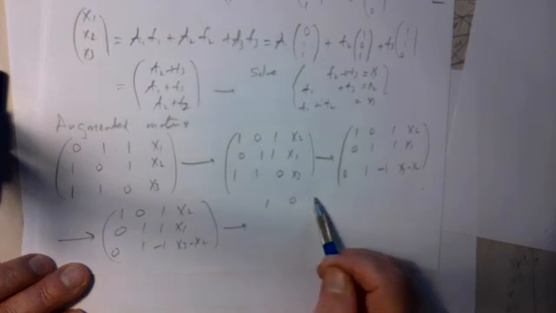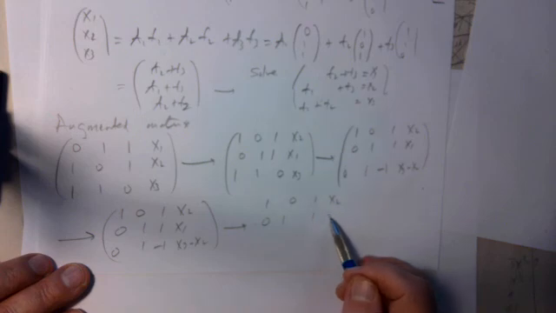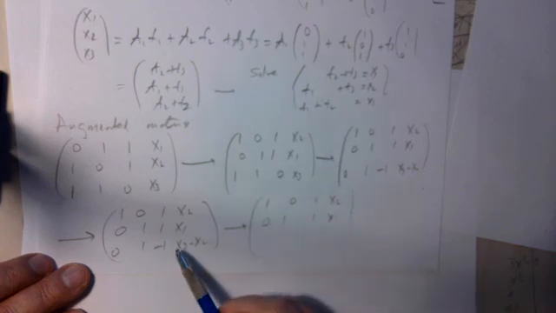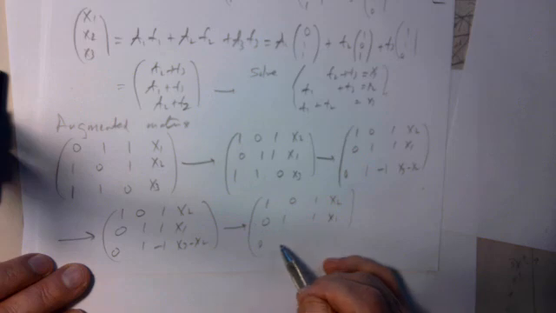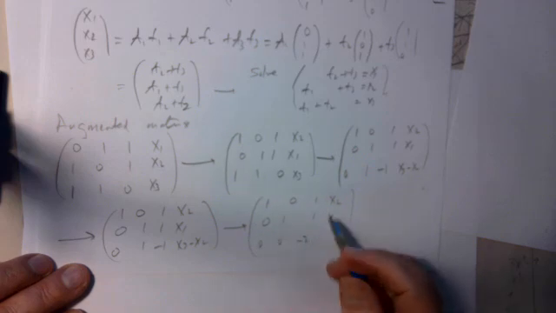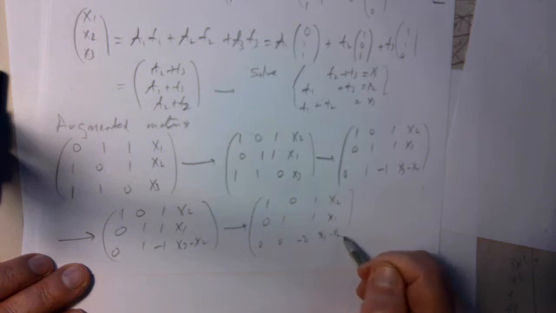So the first row I'm not changing. The second row I'm not changing. But then I take the third row minus the second. So I get 0. 1 minus 1 is 0. Minus 1 minus 1. And x3 minus x2 minus x1.